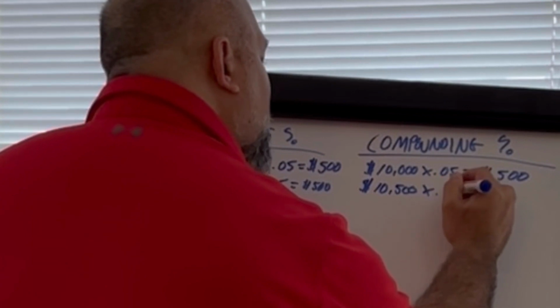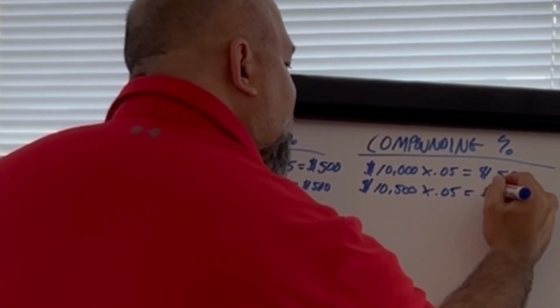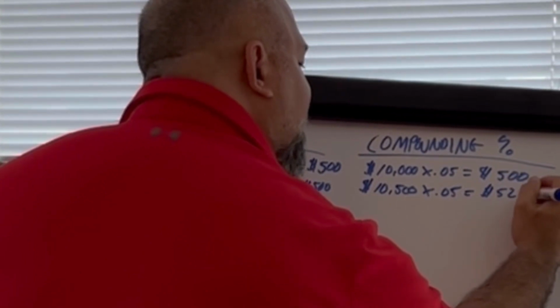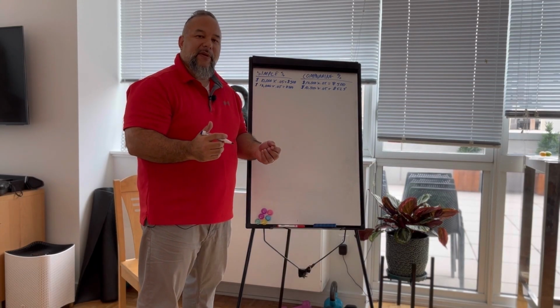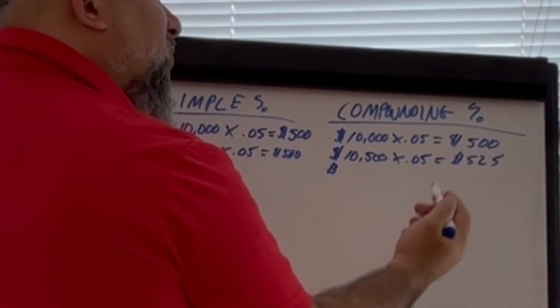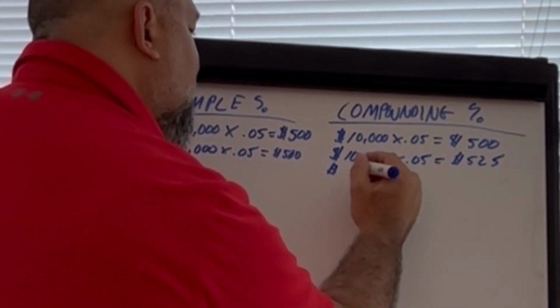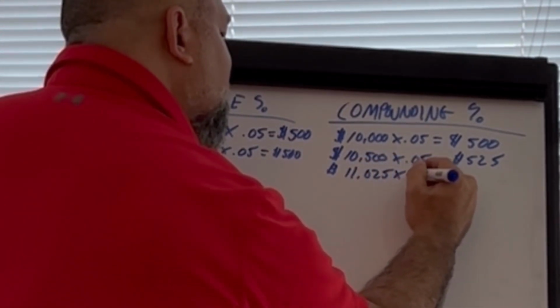Okay? Now we multiply that again by 5%. And this year, we're going to make $525. Okay? Hey, let's just keep it going. Next year, we add the $525 back to our principal sum, and we get $11,025.